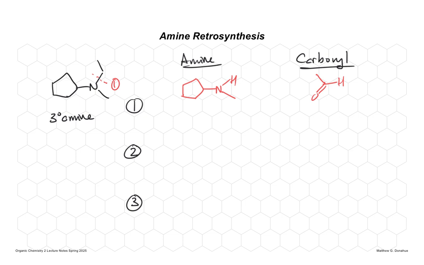So we'll just go clockwise around the nitrogen. So now in blue, I want to make this bond. So now it's that secondary amine. And so we would need a 1-carbon aldehyde, that would be formaldehyde.